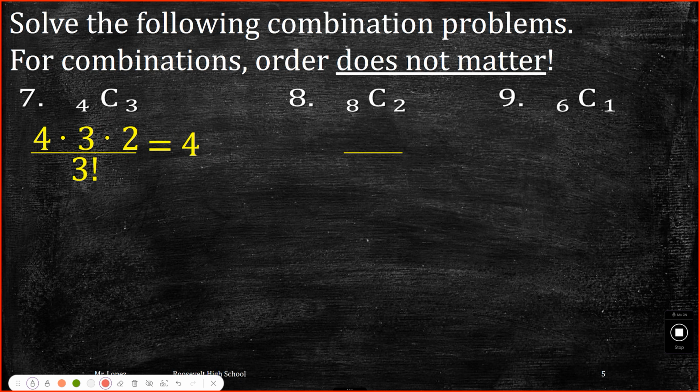Let's see if you can do everything in your head again now. What's 8 combination 2? Anybody? 28. 6 combination 1. This is what I'm saying, that sometimes they're the same. 6, isn't it? Because it's the same.